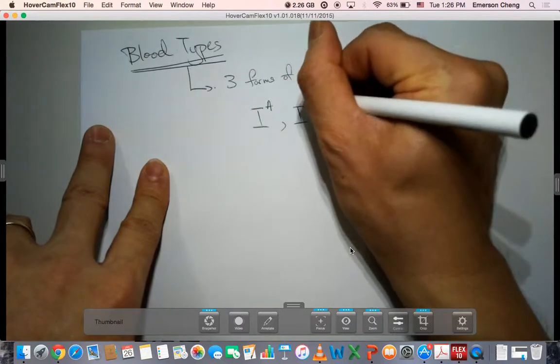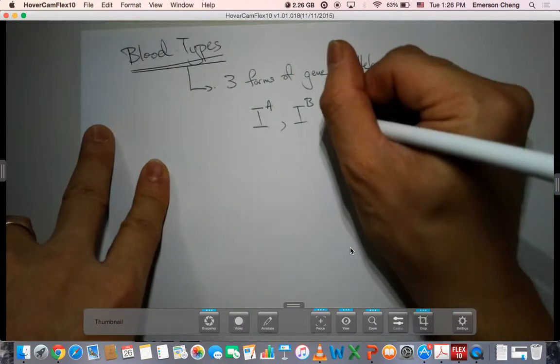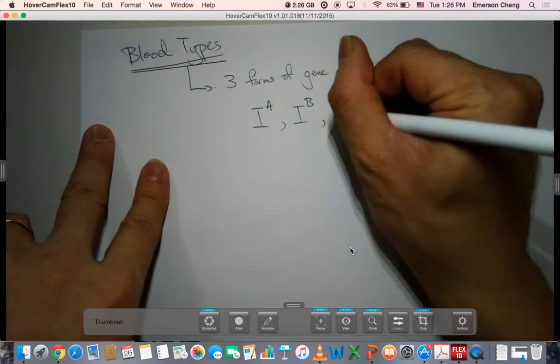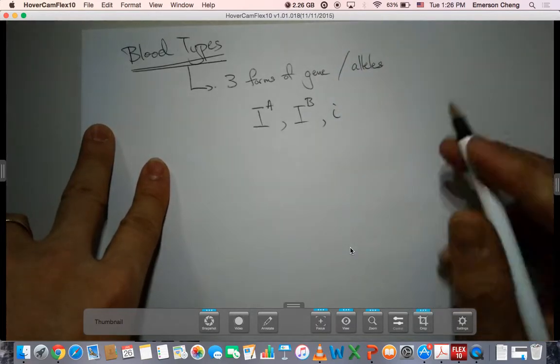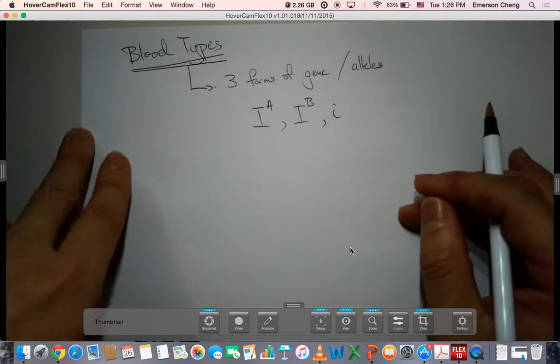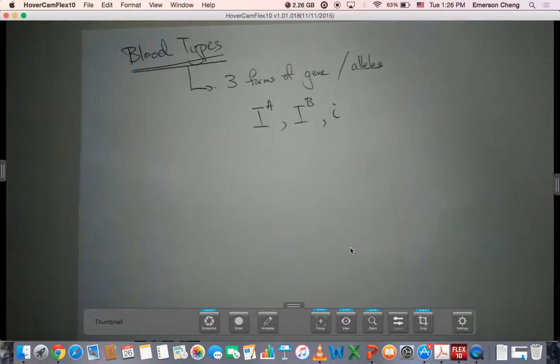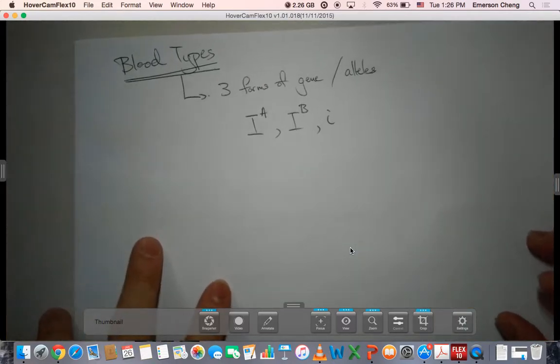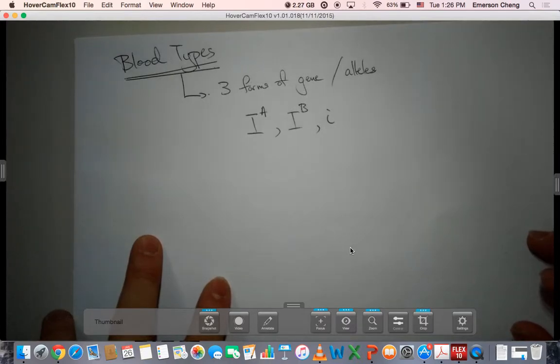You have your IB. I'm not joking. Small i, and that's it. No, thank goodness, there's no EE and TOK. These are the notations that your IB syllabus requires you to know.